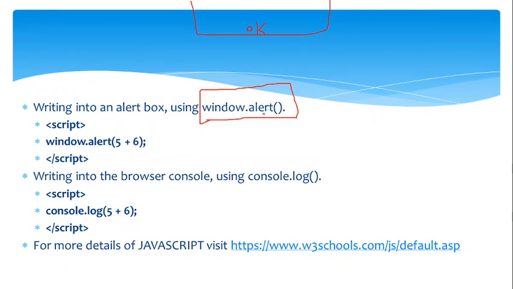For window.alert 5 plus 6, whatever the result is will be displayed, like 11 on the top of the screen, and you click OK. Whenever we write like this, we will get the alert box.